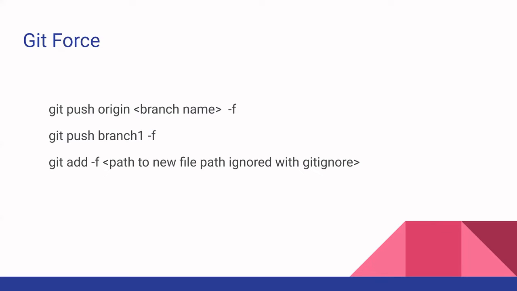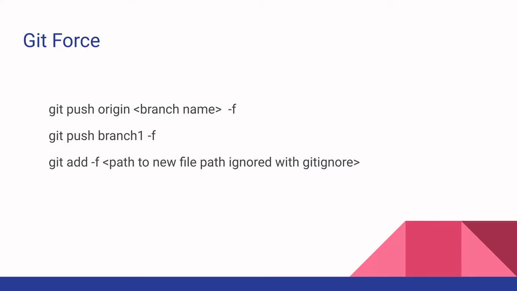Next, what is git force? So git force comes into picture in scenarios like this. So usually when you are sending a pull request, there is a file called as git ignore. So in this git ignore file, if you want to stop someone committing certain files, you can include those kind of files in that git ignore file.